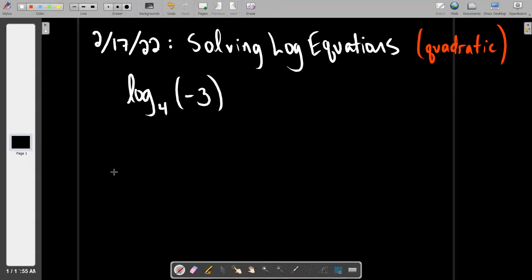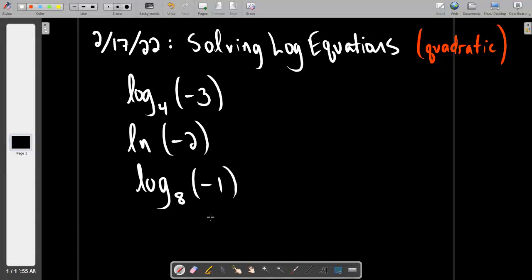Or this. This isn't today's lesson. This is merely necessary knowledge for us to make sense of what's going to happen later in the lesson. So all three of these have the same answer for the record.